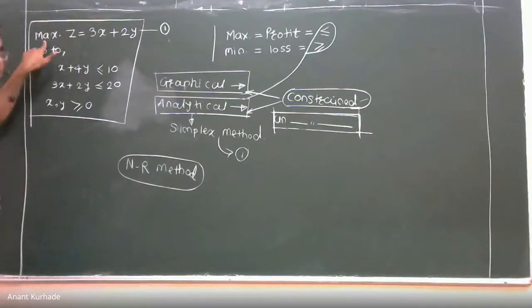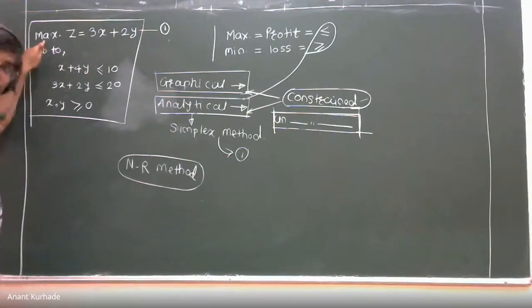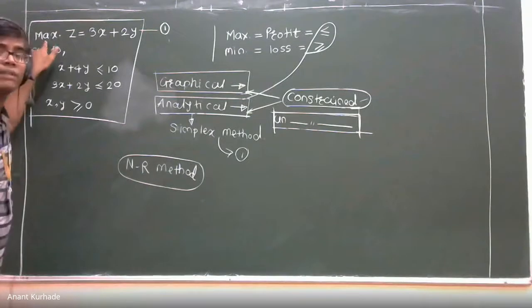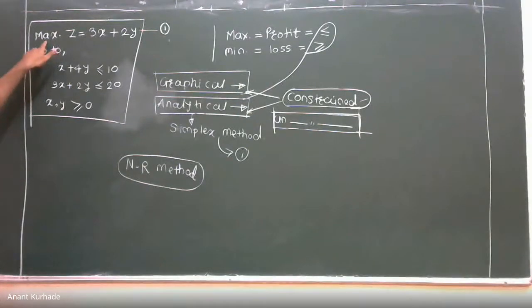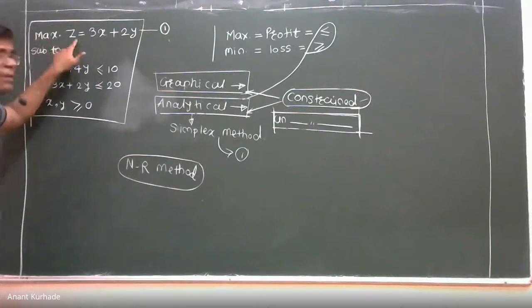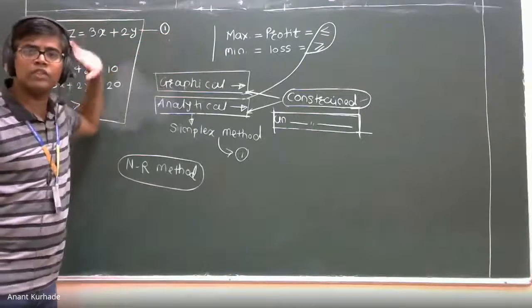We have to maximize profit. Remember this. If I write minimize here, it means we have to minimize the loss, not minimize the profit. So it is minimization of loss and maximization of profit. The first line is called the objective function.